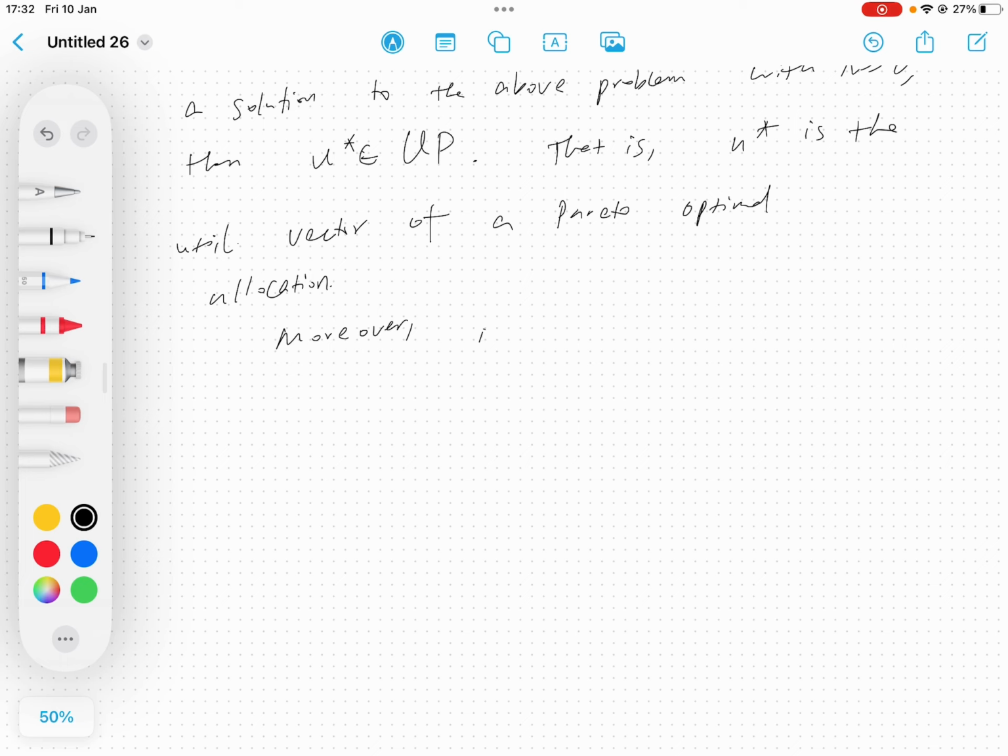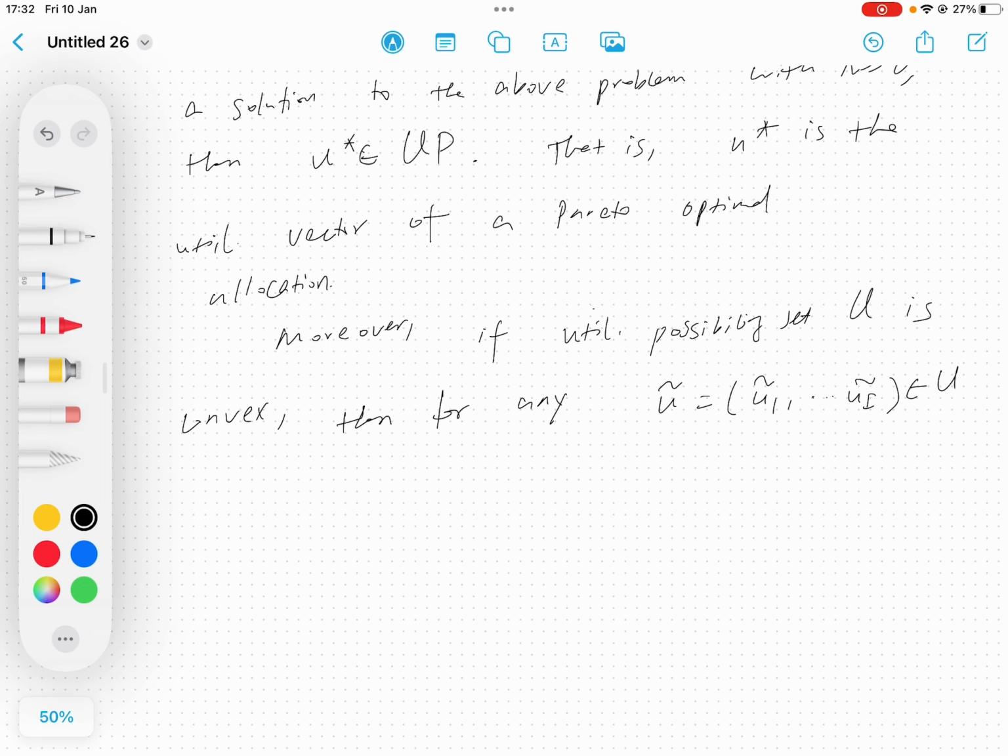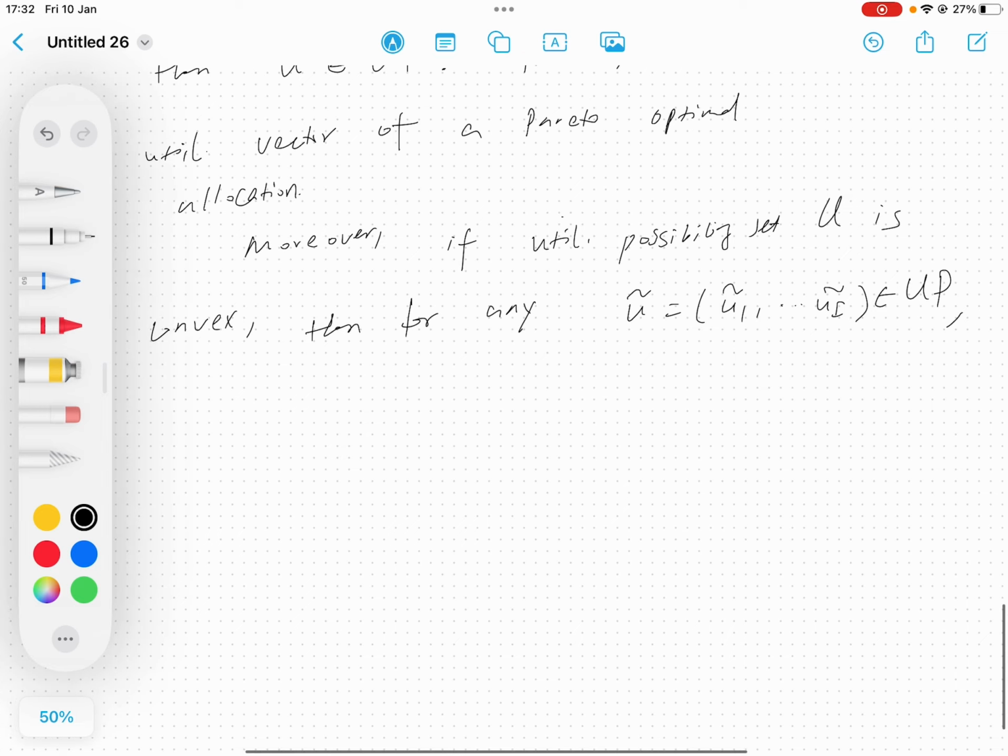Moreover, if the utility possibility set U is convex, then for any U tilde, from U1 tilde up to UI tilde, in UP, there is such a lambda, a vector of welfare weights.